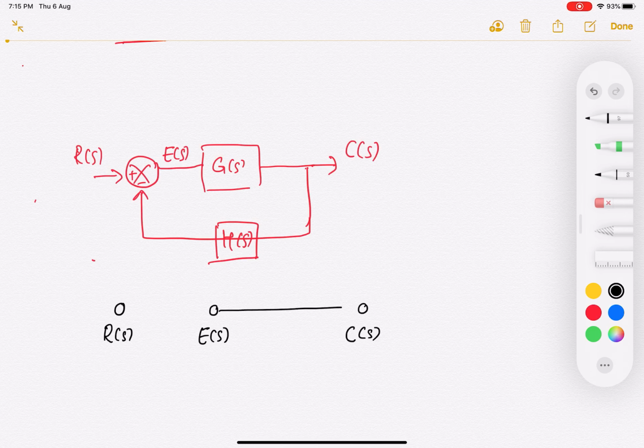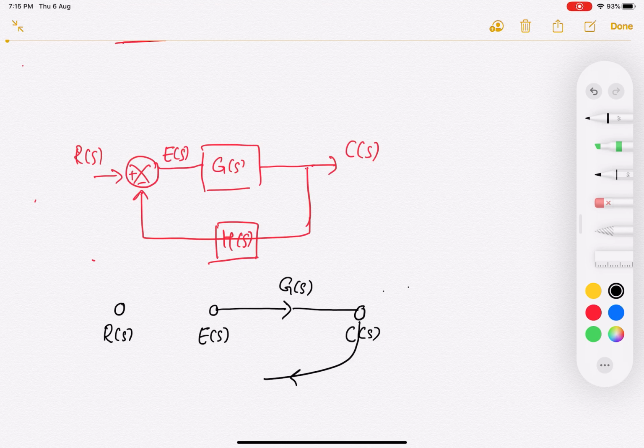Between E(s) and C(s) I have the system G(s), and between the C(s) node and the E(s) node I have minus H(s). I multiply the signal C(s) with minus H(s), right?